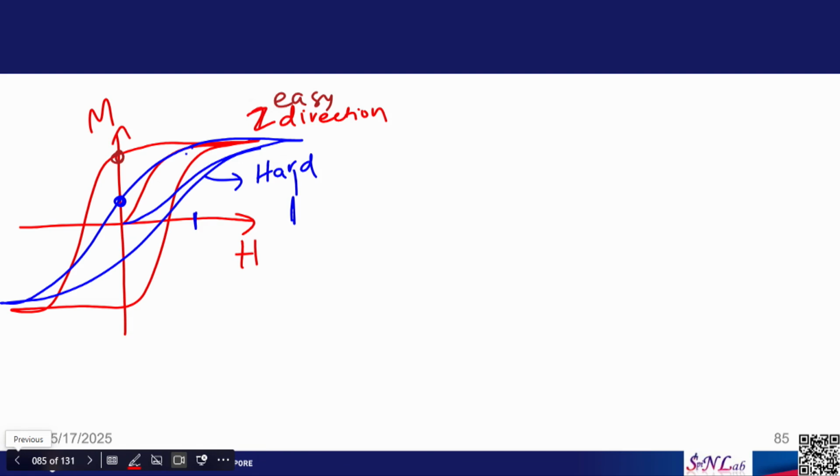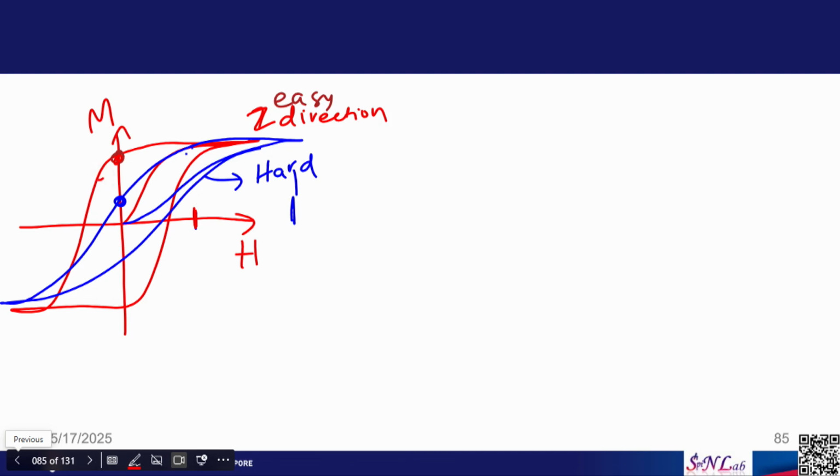So, in the perpendicular direction I can easily saturate the sample with a very small magnetic field and I can retain a large amount of magnetization even after I remove the field.